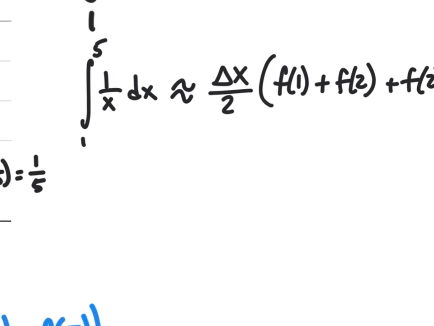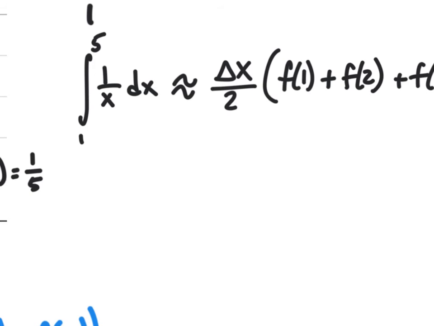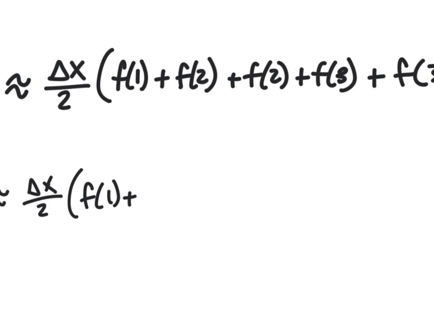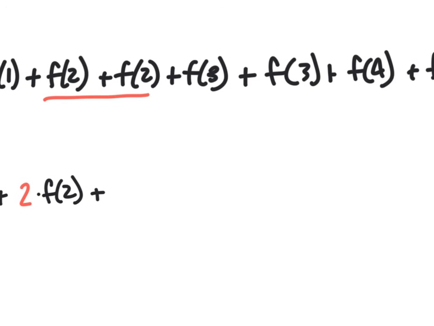Let me come in here and say that the integral from 1 to 5 of 1 over x dx is approximately equal to delta x over 2 times f of 1 plus, and I want you to see here that I have two of these f of 2s. So I'm going to do 2 times f of 2, plus, again, I have two f of 3s.